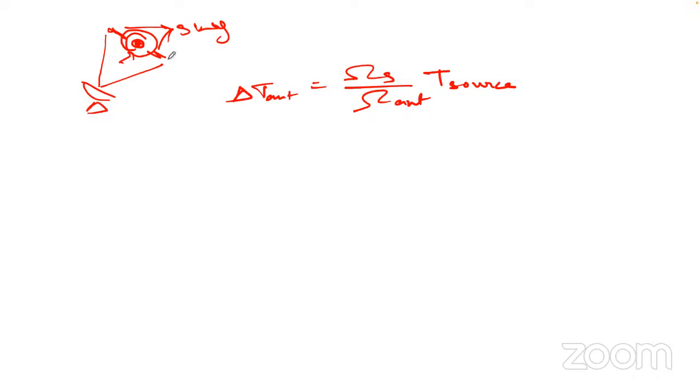If you are not looking at the source, you are already looking at the sky, which has 500 Kelvin as from the first question.